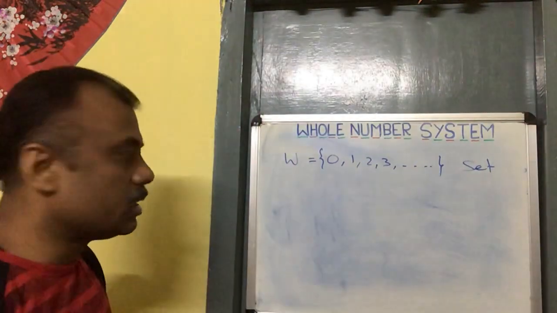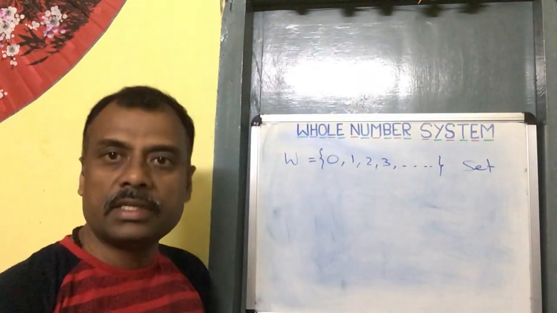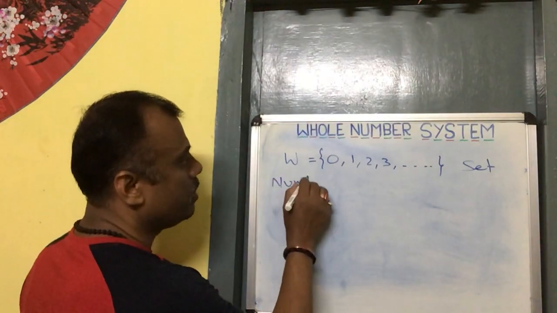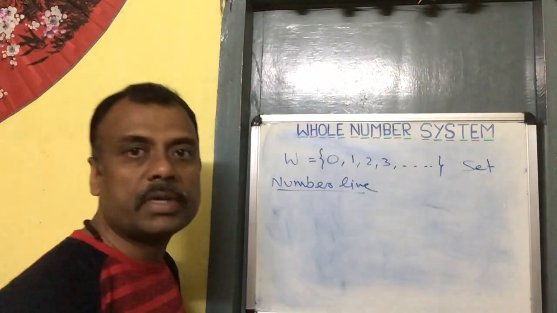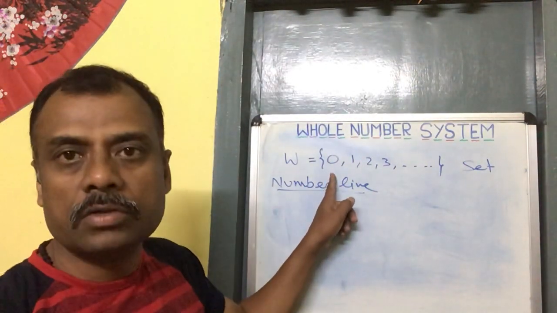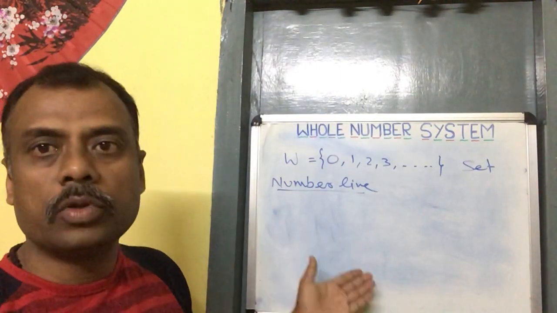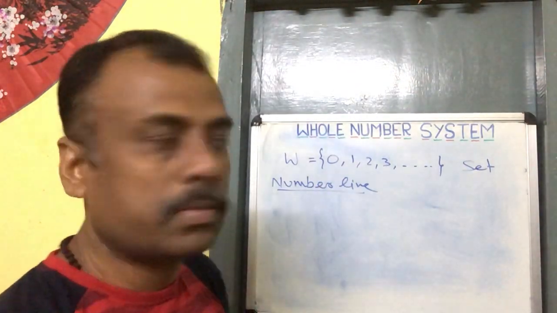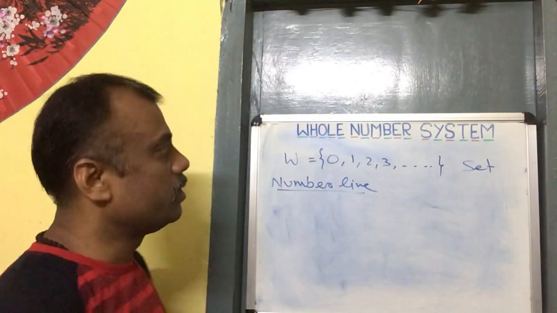Now another representation of whole numbers is on the number line. How will we represent the whole number system on the number line? For that, you see the whole numbers start from 0. As we know, a line has no end, but the whole numbers start from 0, so it will have one end.